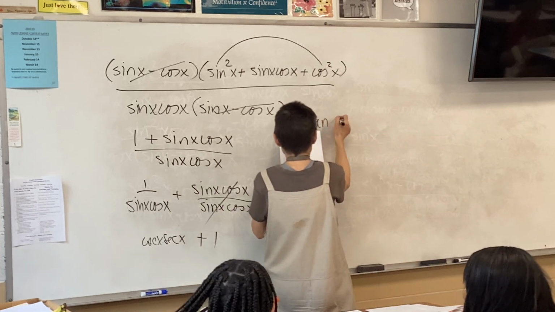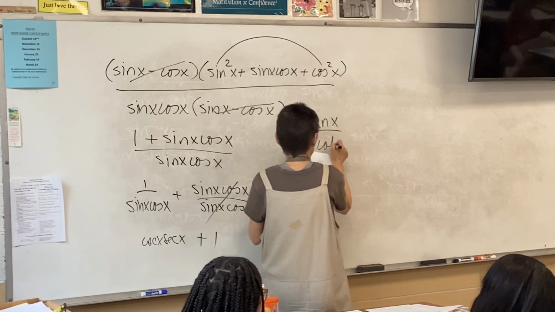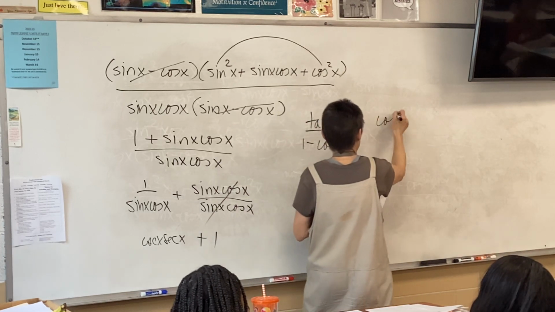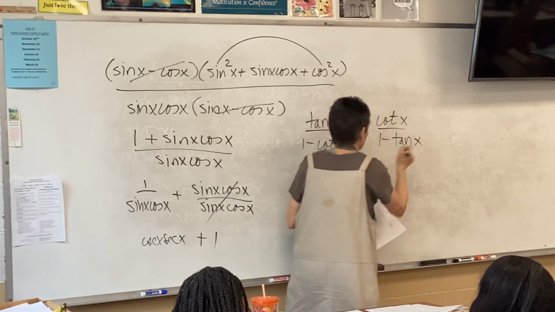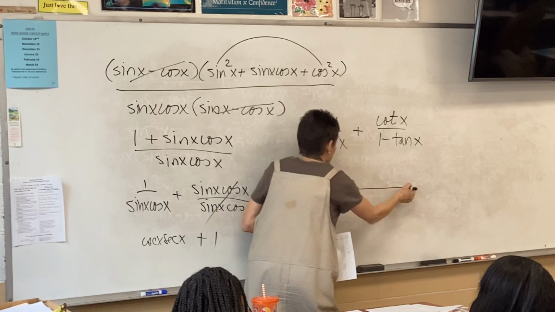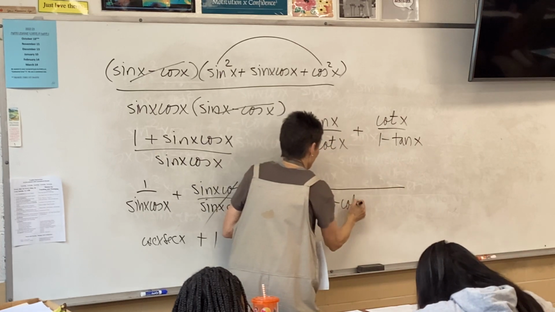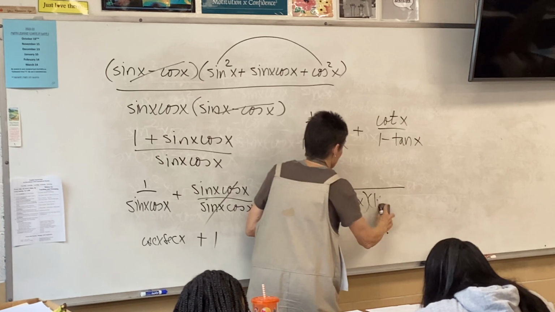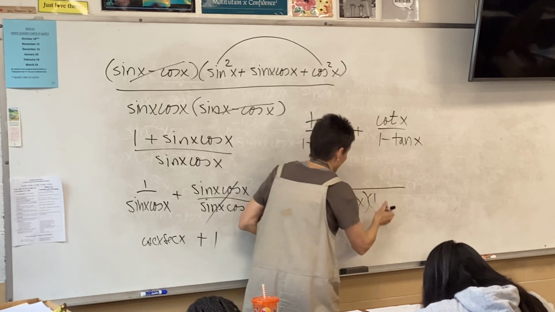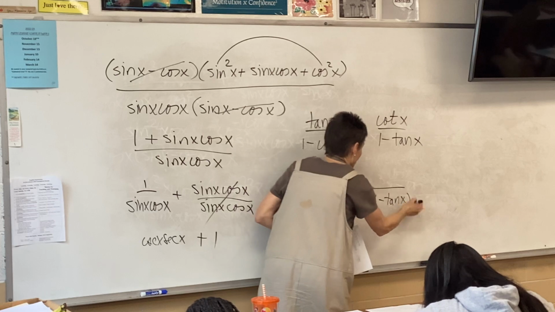So the other way, she said, let's get a common denominator right off the bat. So we ended up getting a common denominator, but let's do it right from the beginning. So the common denominator will be 1 minus cotangent, 1 minus tangent. Okay.